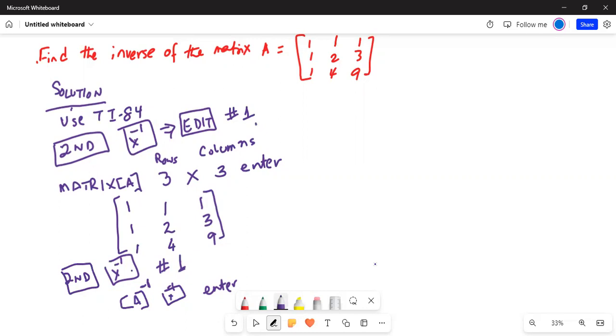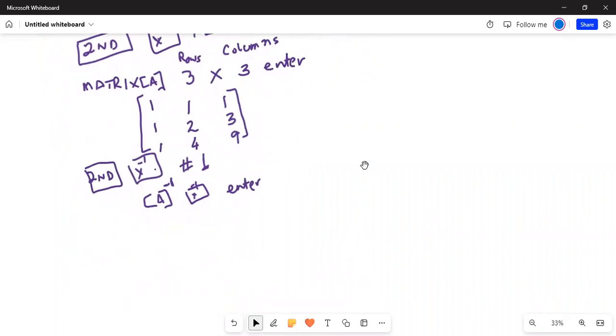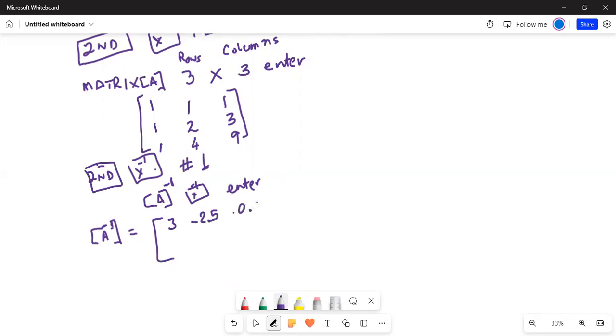And let's move this a little bit. So basically, A inverse, matrix A minus 1, is equal to, on your calculator screen, 3, minus 2.5, 0.5, minus 3, 4, minus 1, and the last row is 1, minus 1.5, and 0.5.